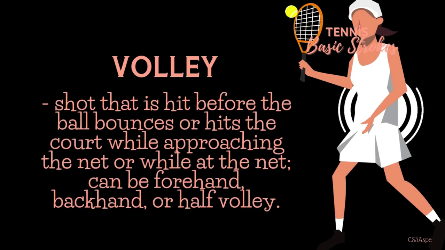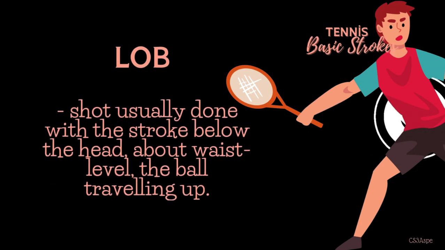Volley. Shot that is hit before the ball bounces or hits the court, while approaching the net or while at the net. Can be forehand, backhand, or half volley. Lob. Shot usually done with the stroke below the head, about waist level, the ball traveling up.